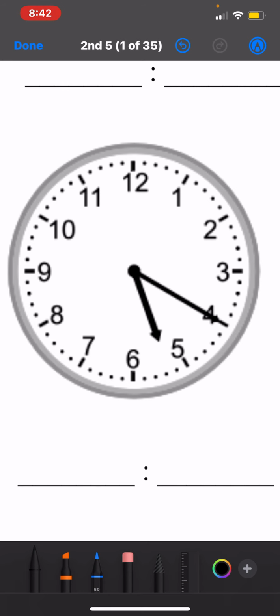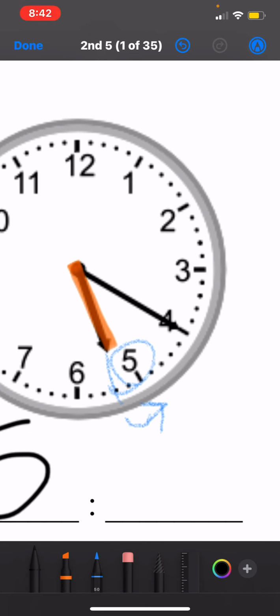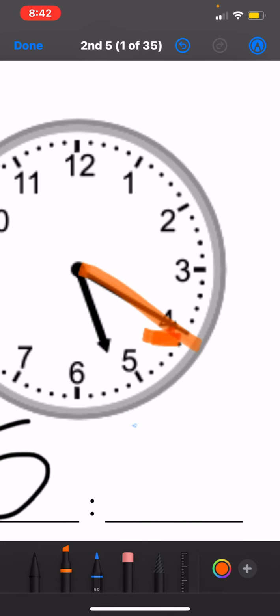Let's look at this one. So here our hour hand, if we make a long line pointing and we look before, it's giving us the hour 5. So then that means it's 5. And now let's look at the minute. The minute, if you look, it's pointing right at the hour 4.